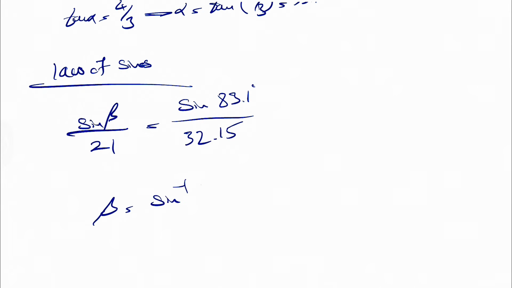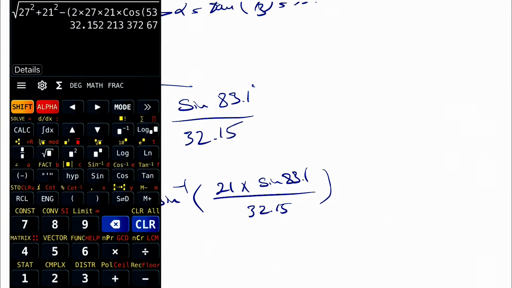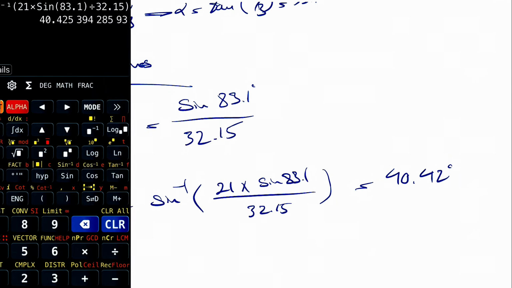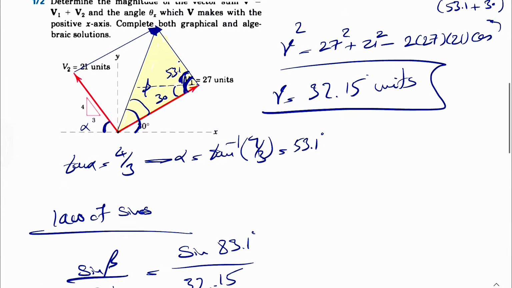So our beta would be sine inverse of 21 times sine of 83.1 divided by 32.15. Let's see what we get. Sine inverse of 21 times sine of 83.1 divided by 32.15 is going to give us 40.42 degrees, but this is not what the question is asking.